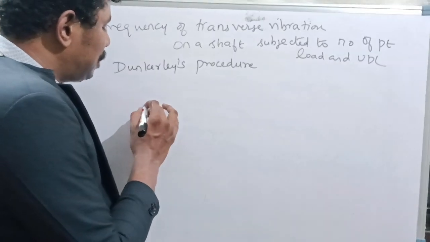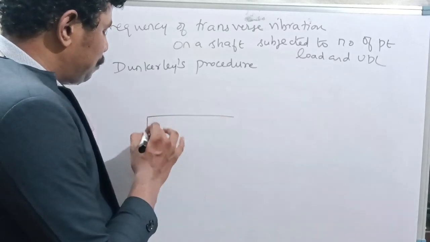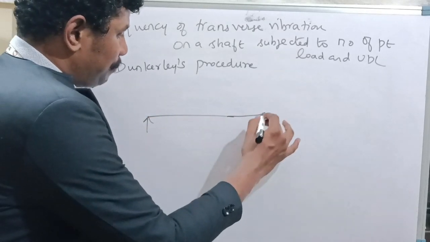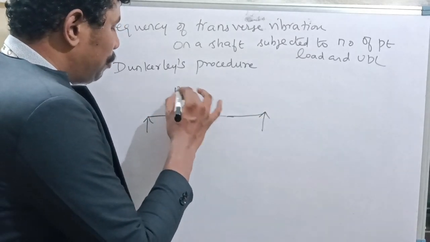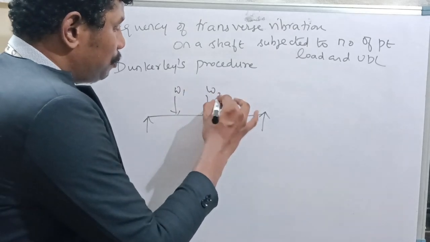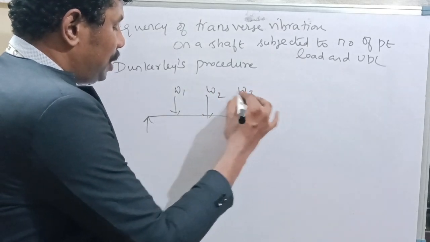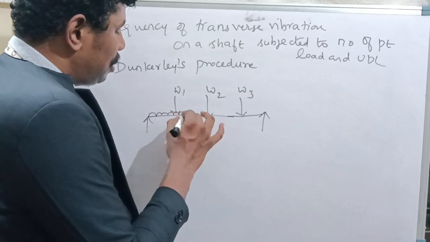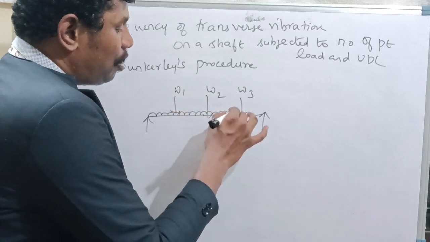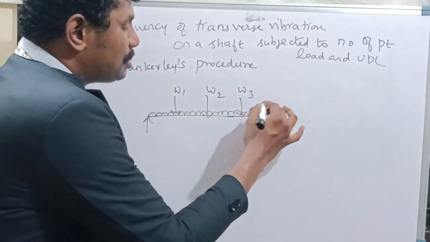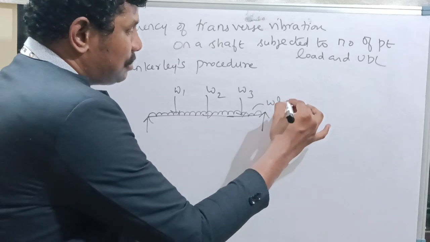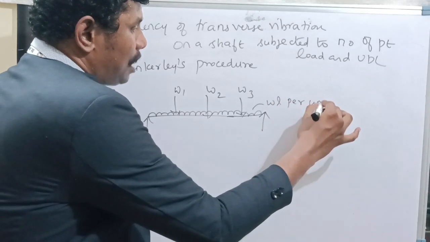So I am going to consider a simply supported shaft with the point loads W1, W2 and W3, and I am going to consider a uniformly distributed load on the shaft. This uniformly distributed load can also be said as the mass of the shaft.